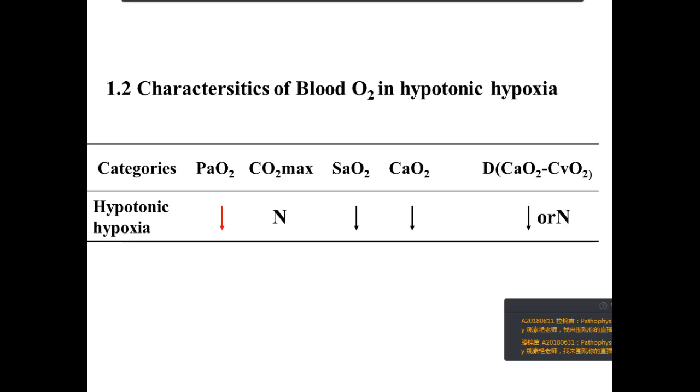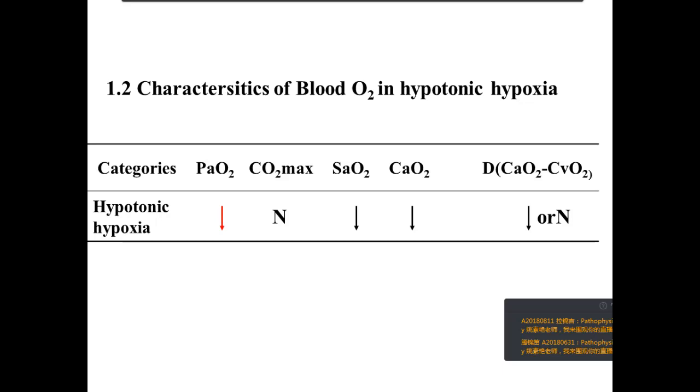Now, the characteristics of blood oxygen. In hypotonic hypoxia, partial pressure decreases. It is less than 60, so saturation also decreases. Oxyhemoglobin decreases, so combined oxygen and oxygen content decrease.